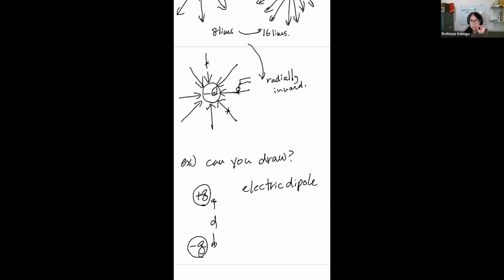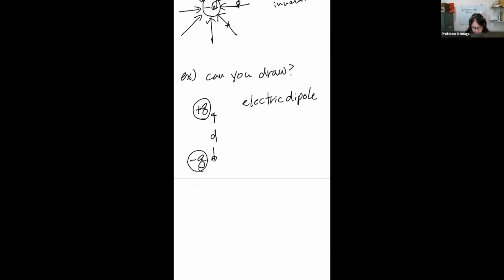So now instead of a point charge, we have a set of two charges, and I bring a little test charge here. How about the electric field created by these two plus and minus Q electric dipole charges? Can you draw the electric field lines of that? This is going to be hard.